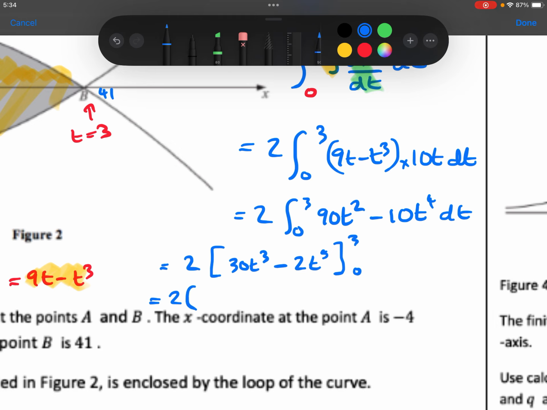Substituting our limits in, we've got 30 times 3 cubed minus 2 times 3 to the power 5. Minus, when we substitute 0 into each of those terms, we'll just get 0.